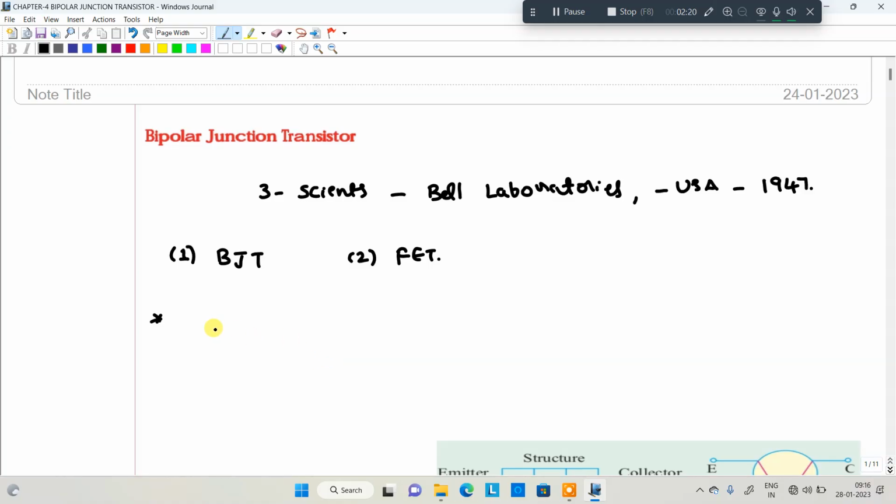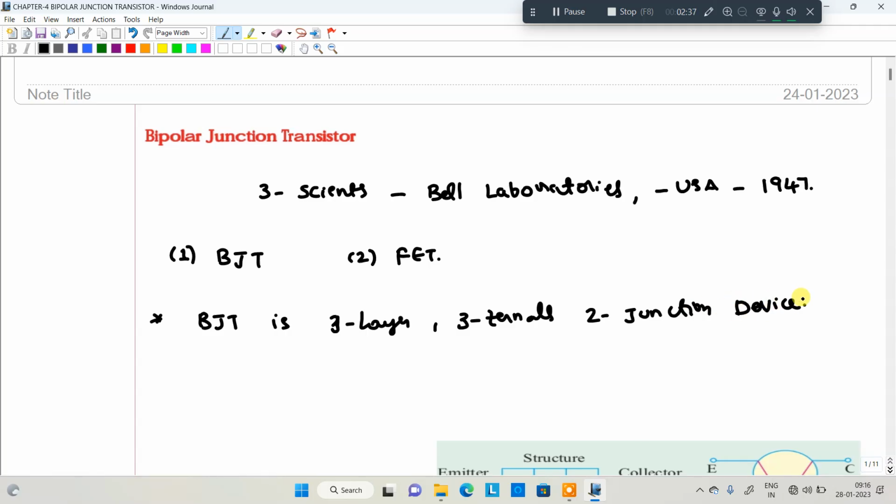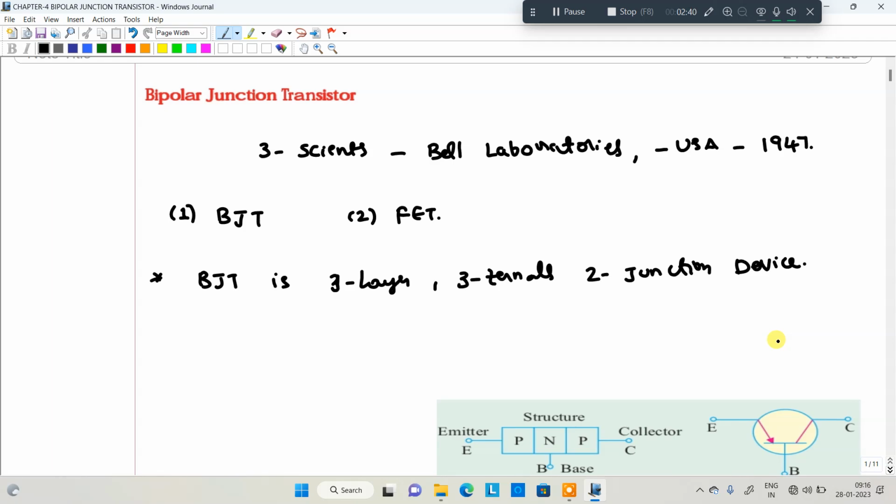It is also important: the BJT has three layers, three terminals, and two junctions. Very important. It is a two junction device.